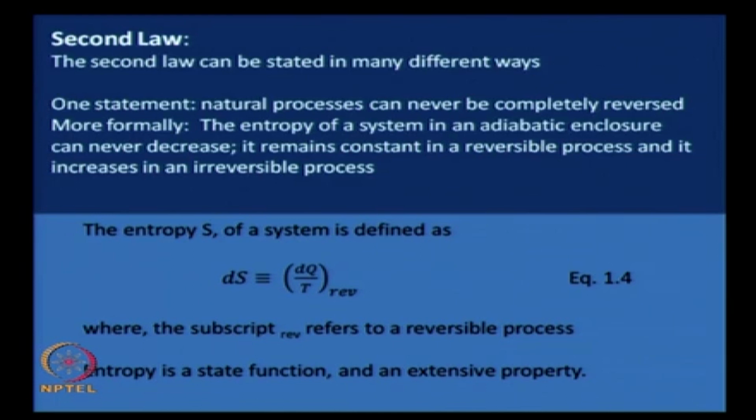Entropy is a state function and an extensive property. State function, it depends only on the state of the system and not on the path taken to reach the state. Extensive property means that the more the amount of material there, the higher the value of the property.